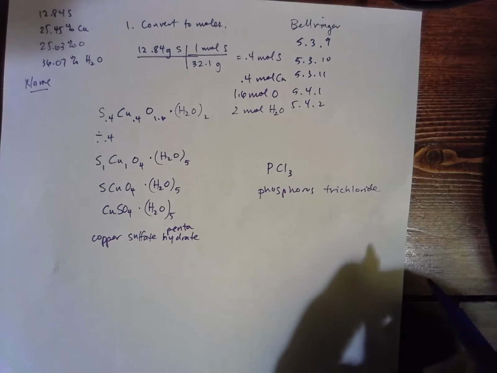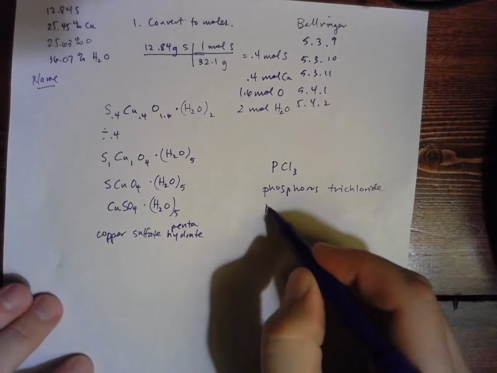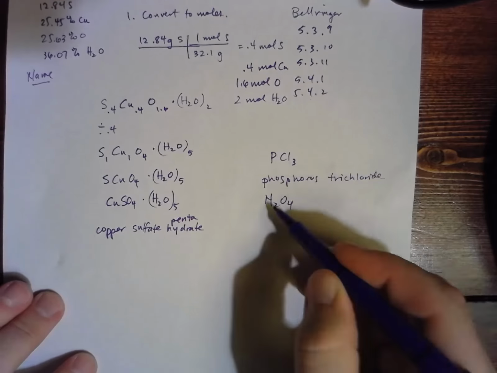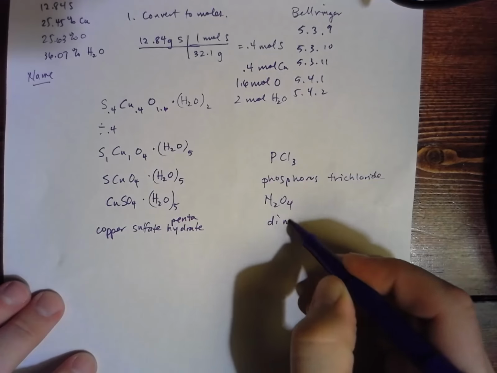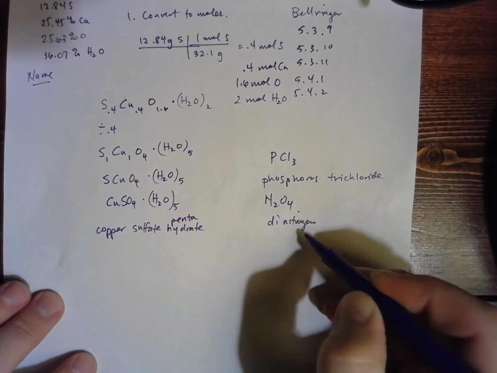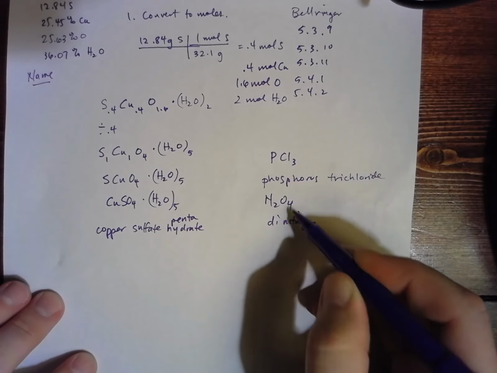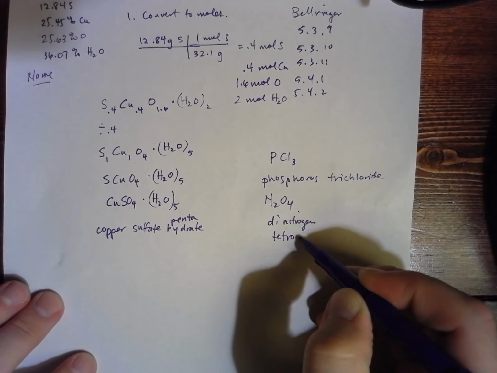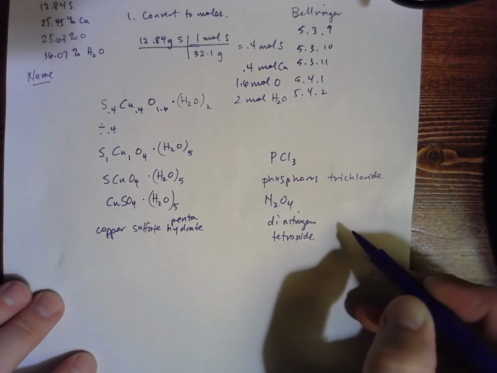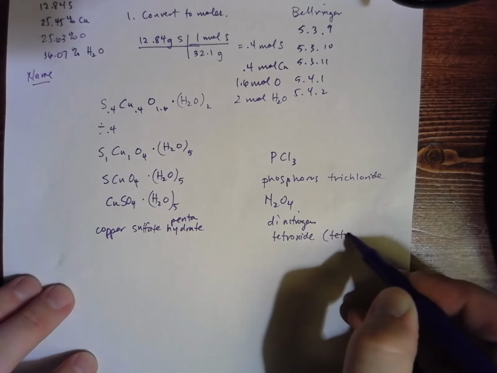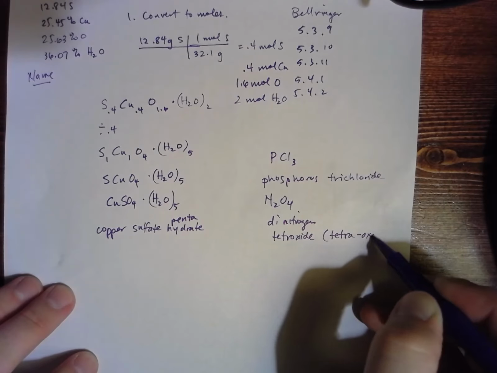Okay. N2O4, 2 of those, so dinitrogen. 4 of these, tetroxide. Okay, which is a slight shortening of tetraoxide.